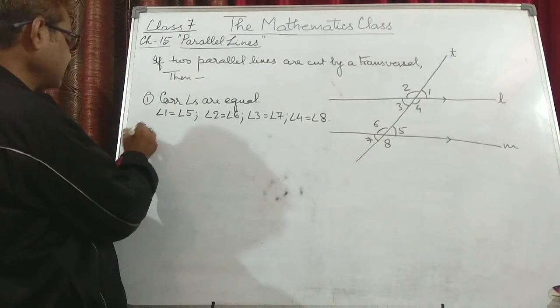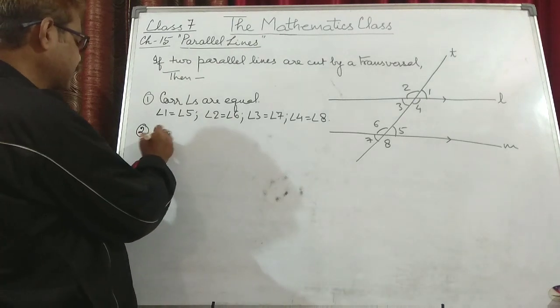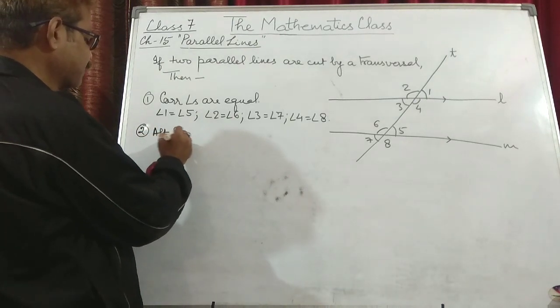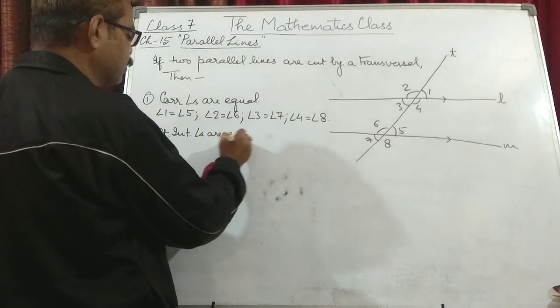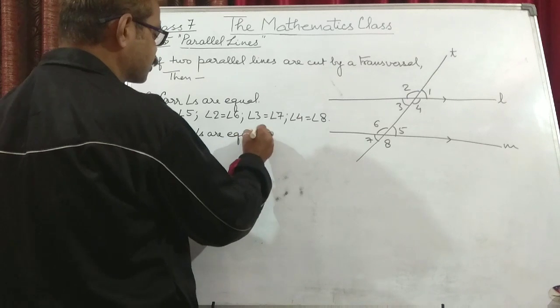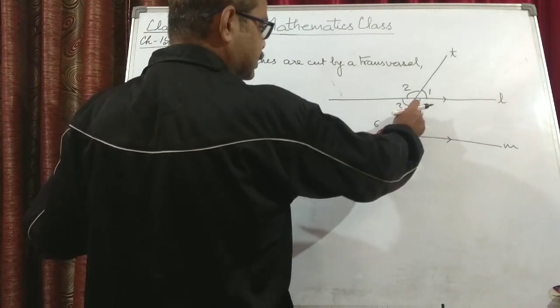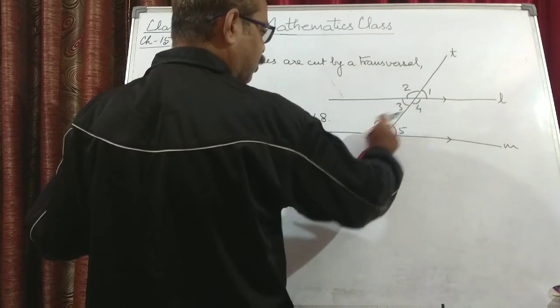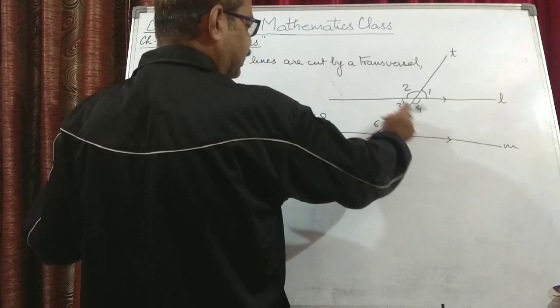Then the second point is that all the alternate interior angles are also equal. So what are alternate interior angles? In this diagram, angles 6 and 4 are alternate interior angles. At the same time 3 and 5 are also alternate interior angles.